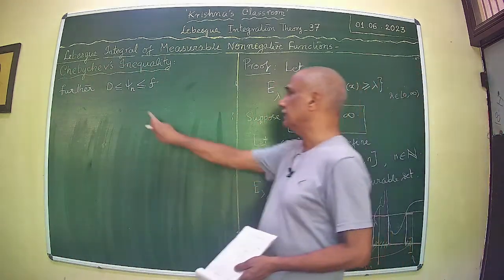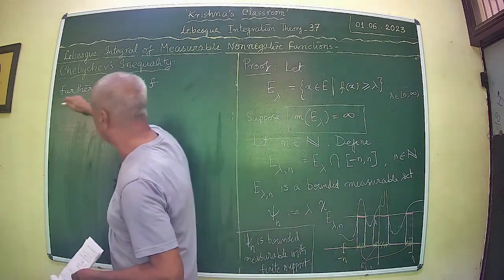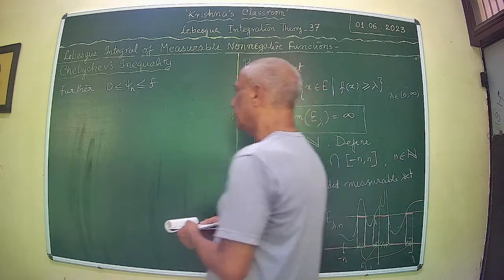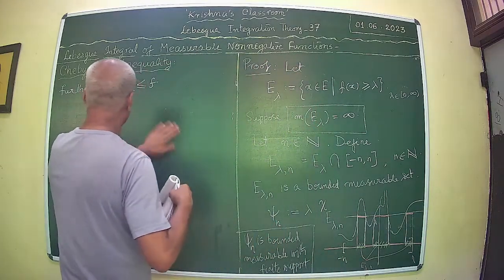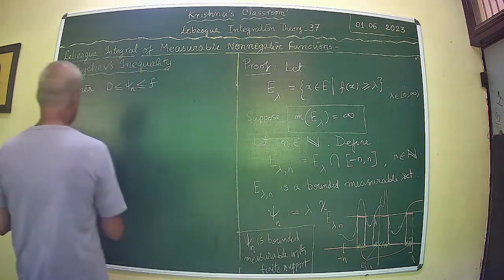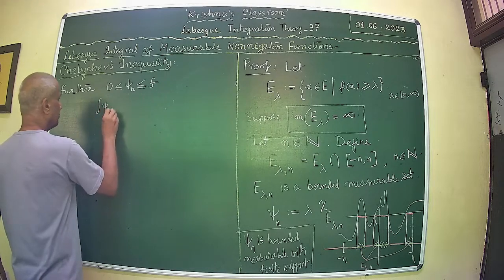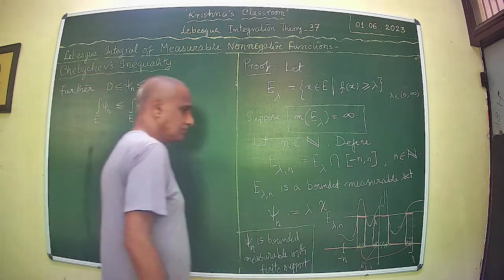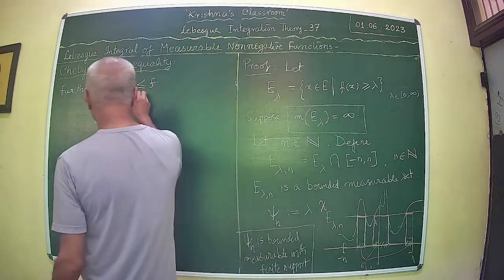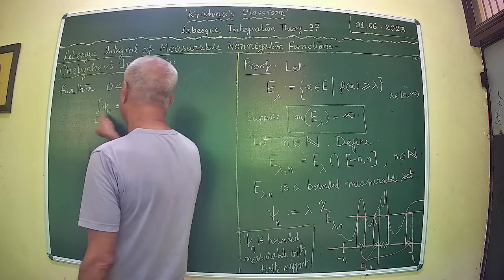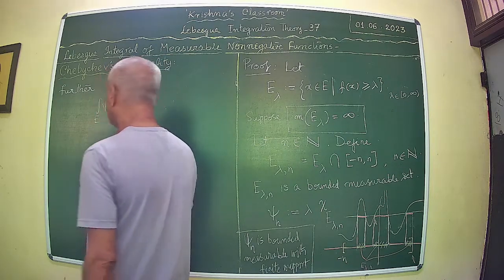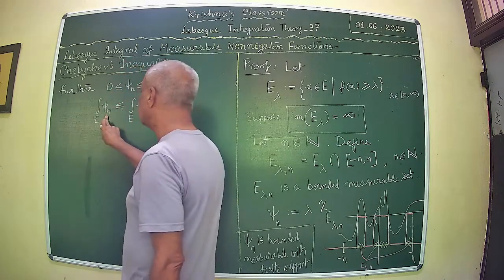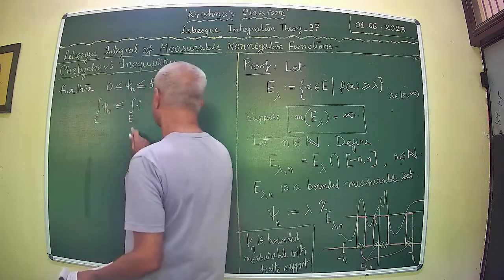Therefore, this is one of the legitimate class of functions which approximates the function f from below. So what you can infer is that, from the definition of the integral as a supremum, it follows that the integral of psi n is at most the integral of f, because this integral is defined as the supremum of the integrals of all such functions. Whatever we represent symbolically is going to be the least upper bound of all these numbers. Therefore, this is satisfied.